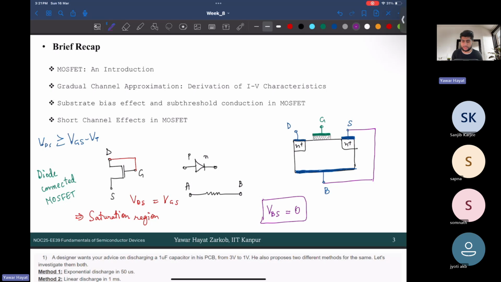You will have some threshold voltage corresponding to that. And then there is a case when they are not shorted.